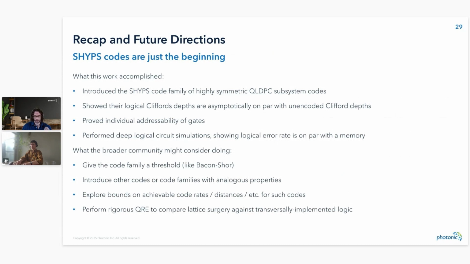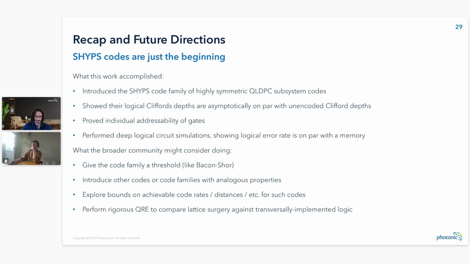We showed that the resulting logical Clifford depths are asymptotically on par with unencoded Clifford depths. We showed that these things actually have good individual addressability as well. And then we performed some very deep logical simulations based off of these things, showing that their performance is on par with memory. Now, we don't see these codes so much as the end of the story, but sort of a beginning of the story, if you will.